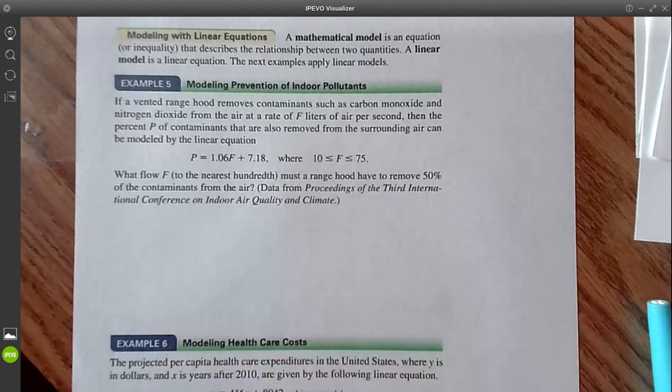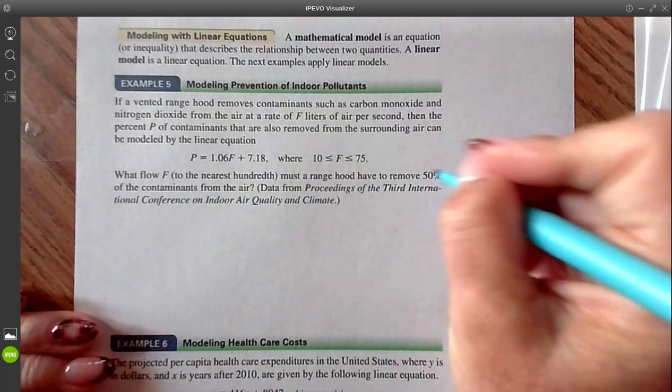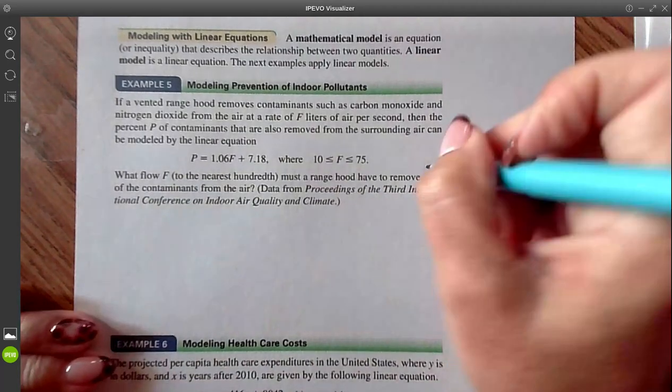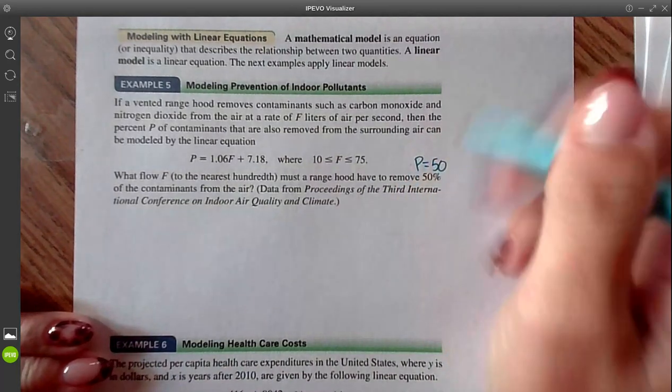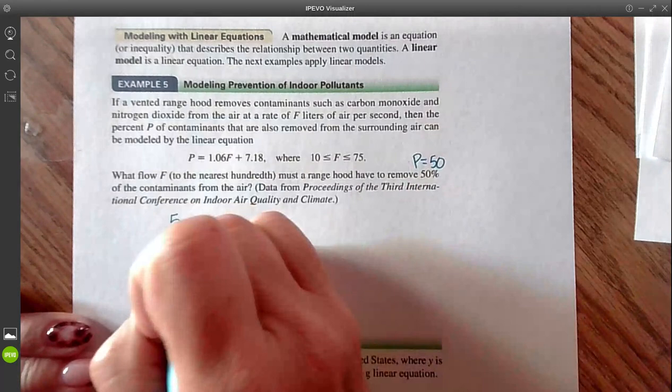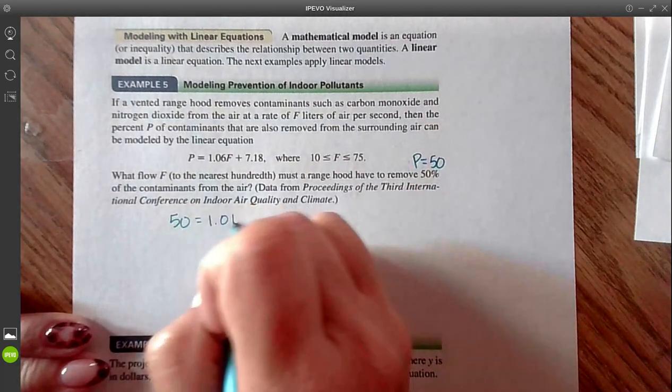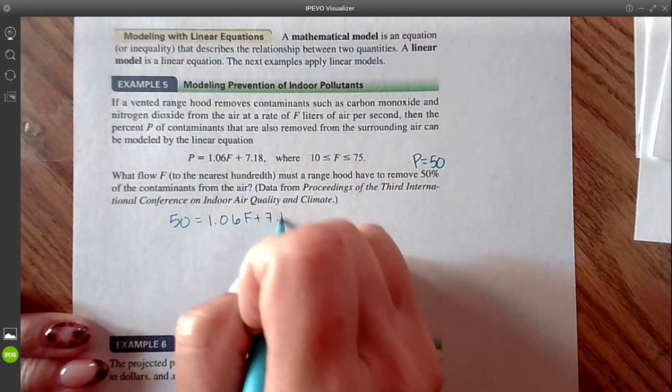So in this model, they didn't do a good job of letting you know that you're not going to change this 50% into a decimal. This is literally going to be P. P is 50. So I'm going to put 50 in for P: 50 equals 1.06 F plus 7.18.